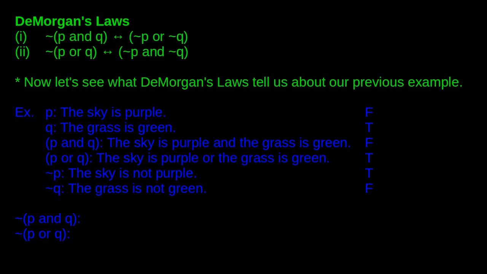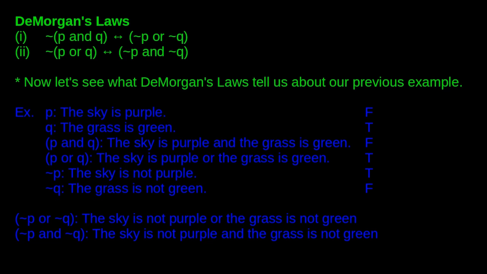So there's not P and Q, and then there's not P or Q. And then, by DeMorgan's Laws, we substitute. We use not P or not Q, and not P and not Q, right? So we've just made a simple substitution because they're equivalent by DeMorgan's Laws. And so we're going to see what truth values those two statements yield.